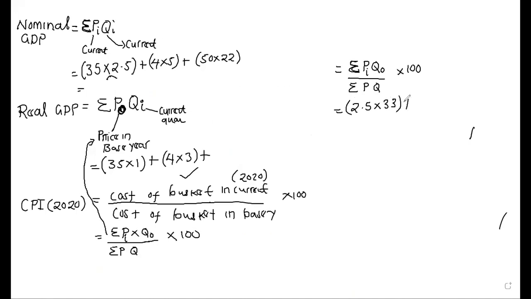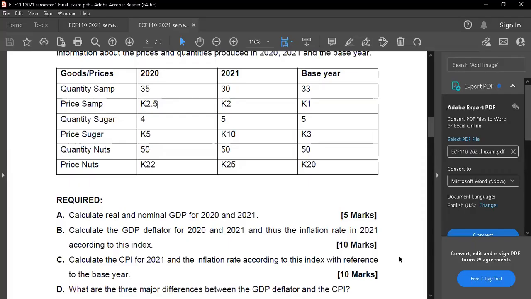Then we say plus, what's the price? Again, we go back. Remember, prices you get for the current year, quantities for the base year. So we look at sugar. The current price of sugar is 5 kwacha. Then what's the quantity of sugar in the base year? It's 5.